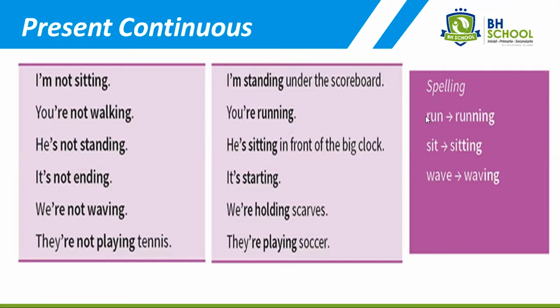And the letter that is before this R and S, exactly, they are consonants. So, according to our rules, if our verb finishes with a consonant, but before it is a vowel, and before it is another consonant, we are going to repeat the last letter and add ing.